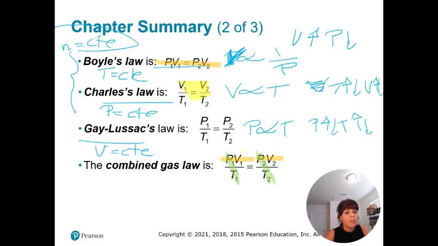So we have Gay-Lussac, Charles' law and Boyle's law all combined. So you don't need to memorize all the formulas separately. You know the combined gas law, and you know how to solve it. Just remember how they affect each other. If you know the concepts, you're going to do great. That's it. That's all. Bye for now.